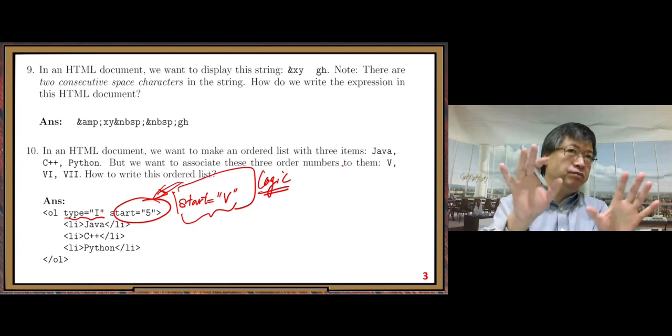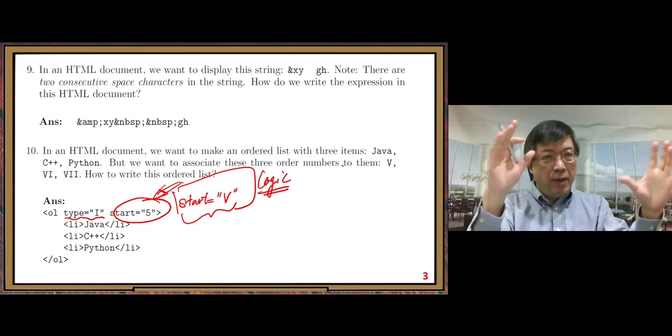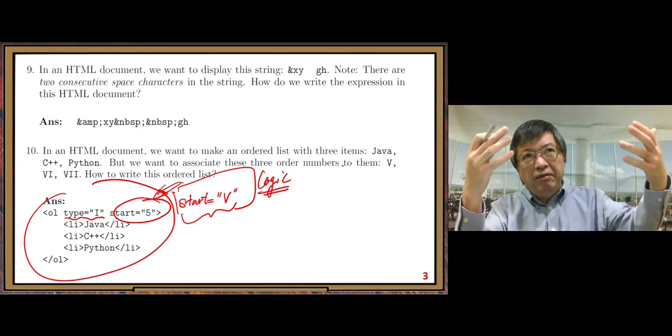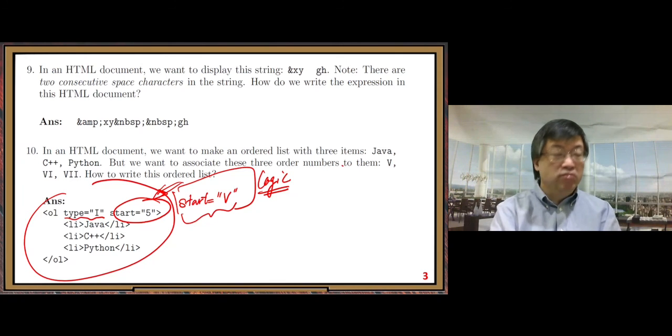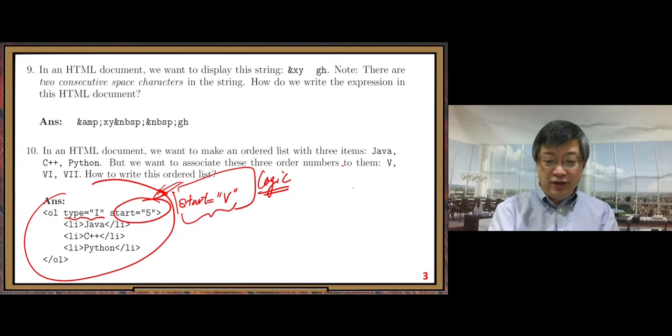So I write the code. HTML. So I did this part. Then I display it. When I use this one, the browser cannot recognize it. So the browser does not display Roman characters. The browser just displays 1, 2, 3, these numbers.